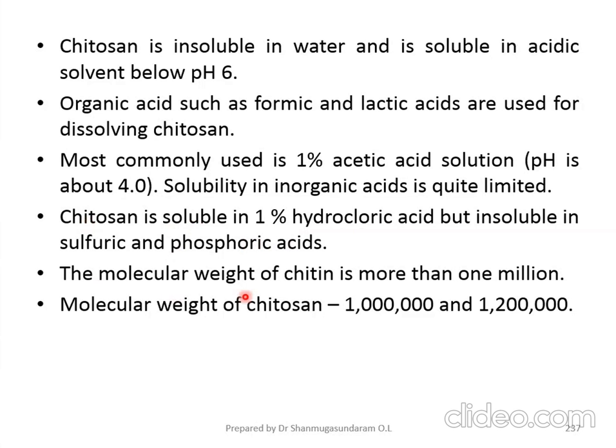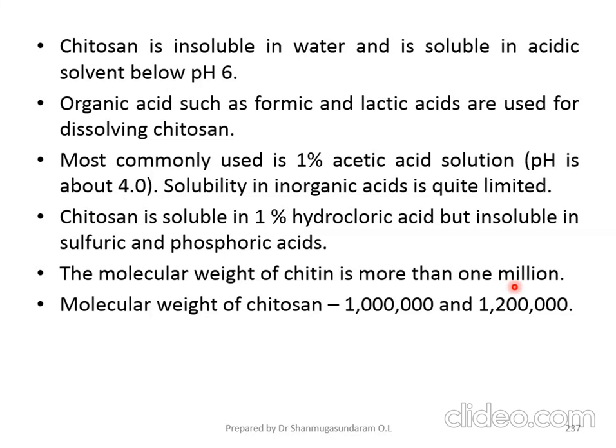If you look at it, the molecular weight of chitin is more than 1 million. So please make a note of it. This is a heavy molecular weight polymer. The molecular weight of the chitin polymer is more than 1 million.